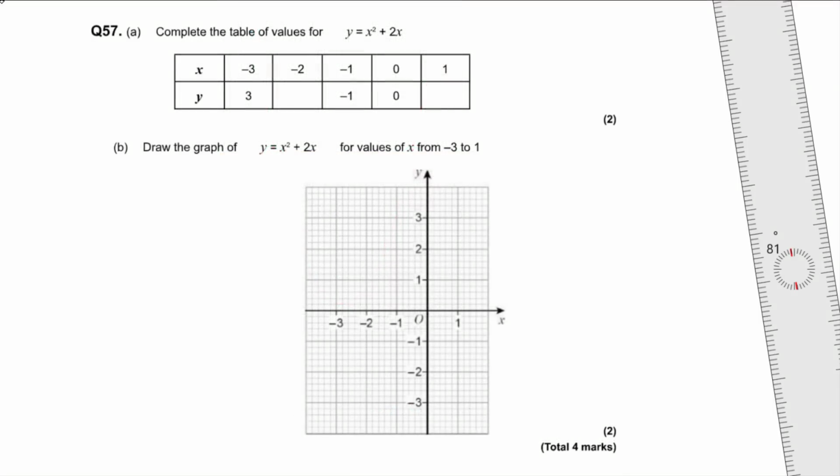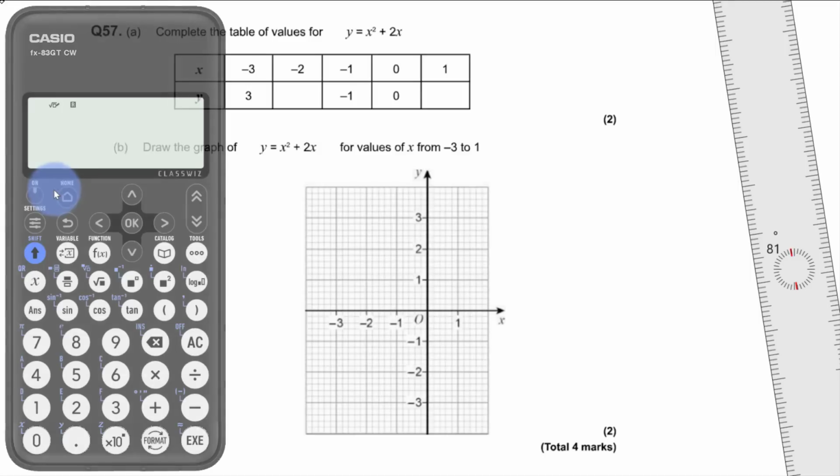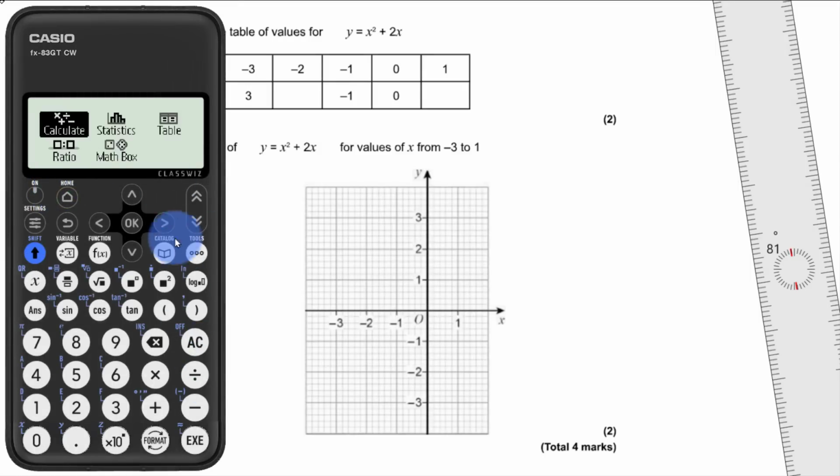Okay. Right. Again, I'm going to be using the table function to complete this quadratic curve. So I'm going to go into the table mode on my calculator. I'm going to hit the option key and I'm going to enter the function x squared plus 2x into the function f of x.